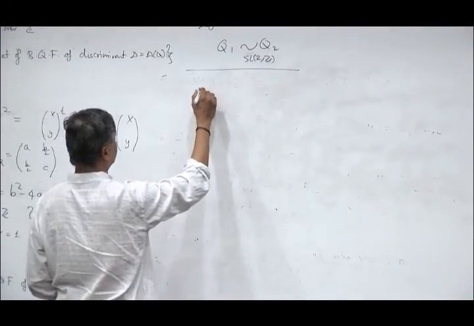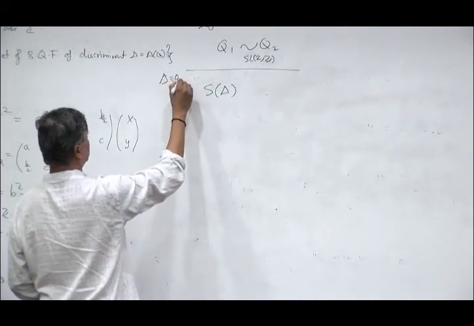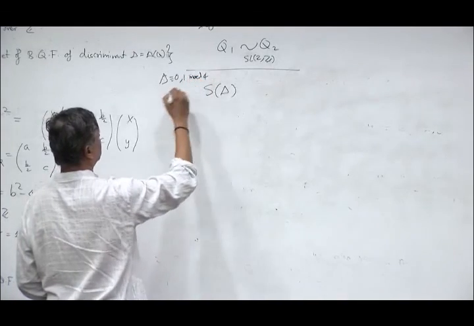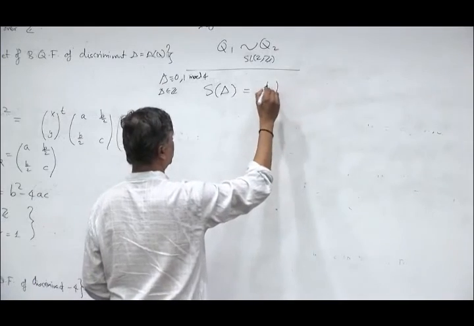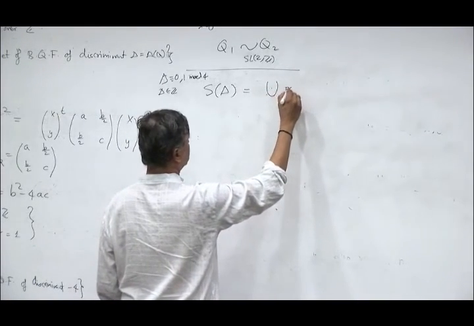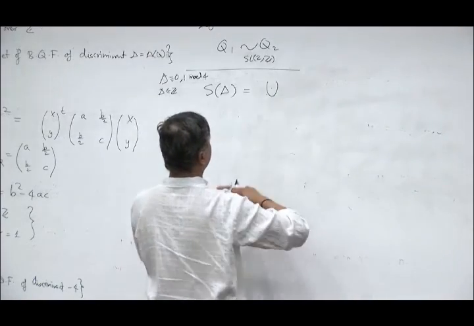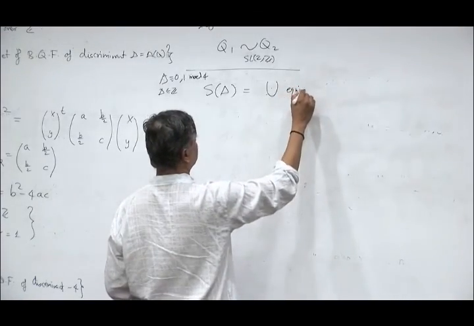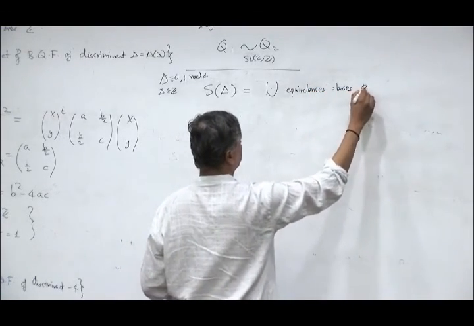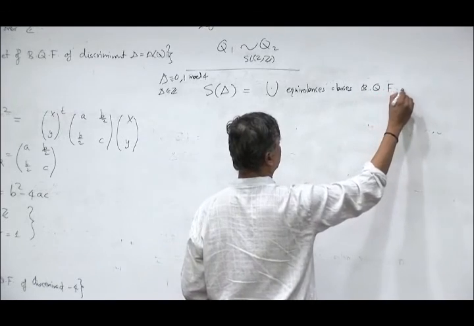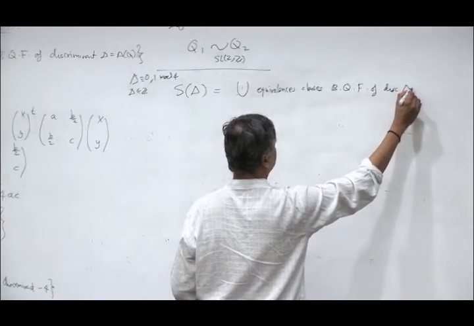So we have this definition that for fixed delta, delta congruent to 0 or 1 mod 4, delta an integer, take S delta. This becomes a disjoint union of partitions, maybe I should say equivalence classes of binary quadratic forms of discriminant delta.